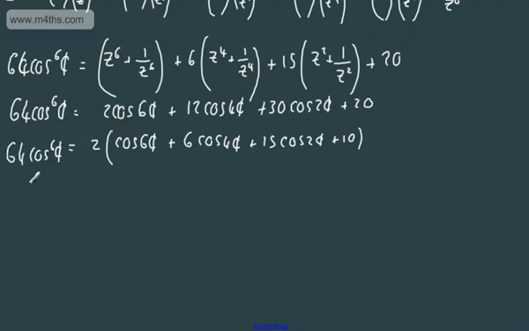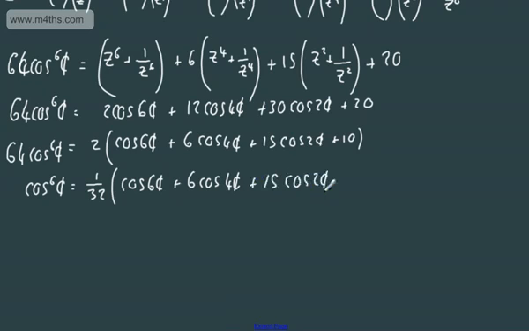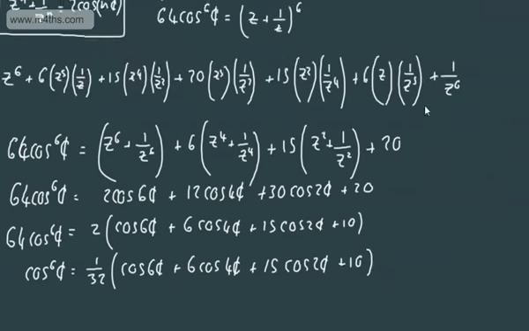So we can now say that, dividing through by 64, cos to the 6 theta is equal to 1 over 32 times the quantity cos 6 theta plus 6 cos 4 theta plus 15 cos 2 theta plus 10. Right, hopefully that's what they wanted.